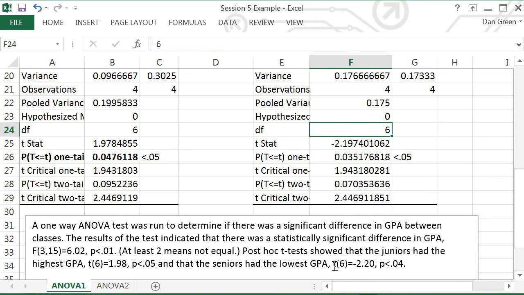This means the t statistic with 6 degrees of freedom was negative 2.2. And then our p-value, 0.035, is less than 0.05. In fact, it's less than 0.04. So that's your APA summary. That includes both your statistical conclusion and your practical significance: what was lowest, what was highest, and which were different. So remember to include your summary. It should be similar to that.